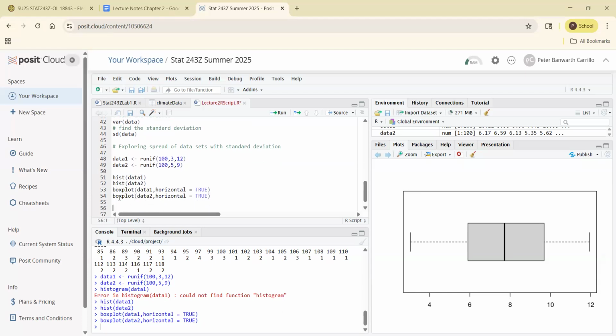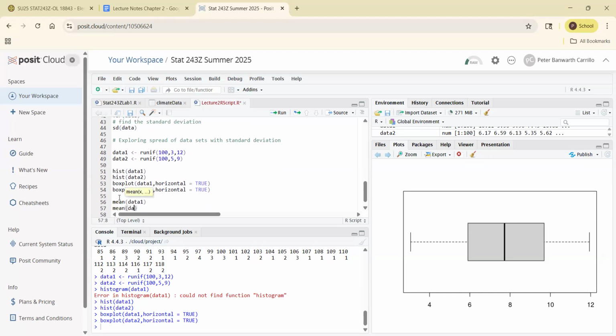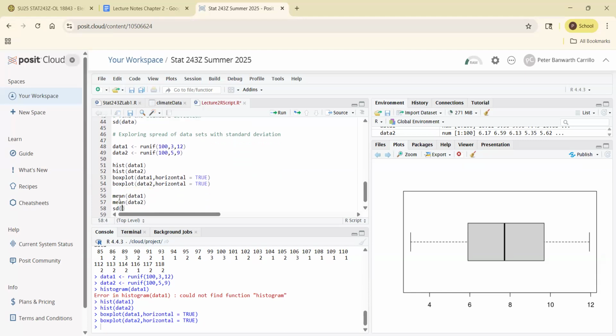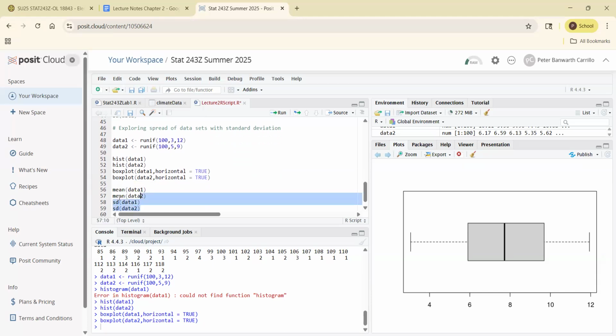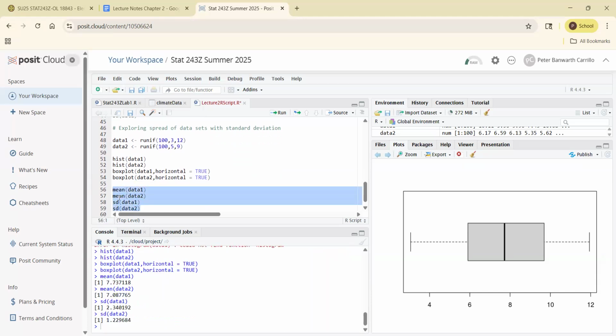Standard deviations don't mean much without including also the measure of center, in this case, the mean. So let's look at the mean of data 1, the mean of data 2, the standard deviation of data 1, and the standard deviation of data 2. So the means are close to each other, 7.7 and 7.